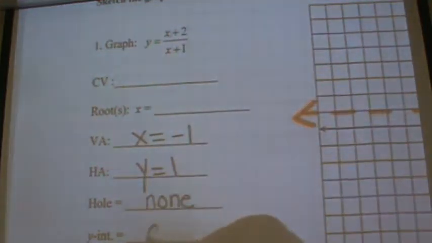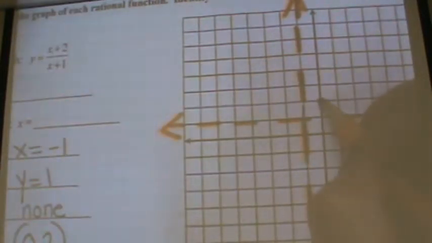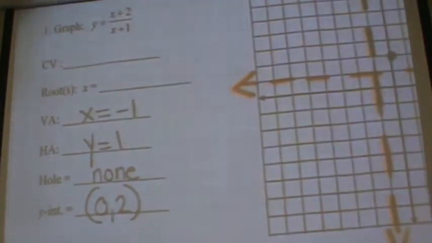So that's how you find the y-intercept. You will set x equal to 0. If you put a 0 here, y equals 2. So this graph is going to hit the y-axis at 0, 2. All you do is plug in 0 for x and find out what that is.